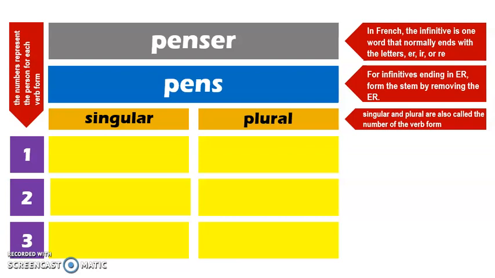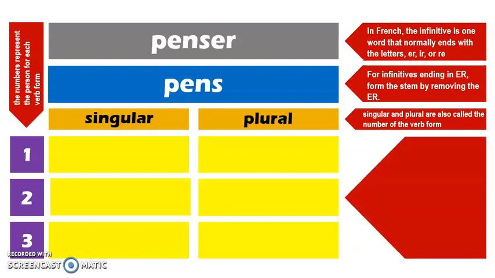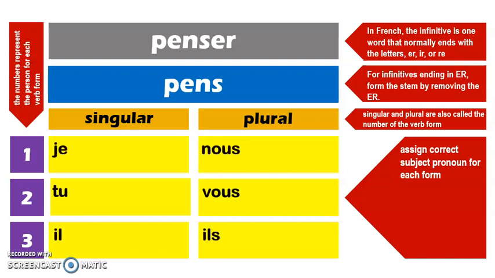Now the next step, remember, was to assign the correct subject pronoun for each form, to set up our subject pronouns. And here they are. Je is first person singular because when you talk about yourself, you use the word I, and that's what je means.